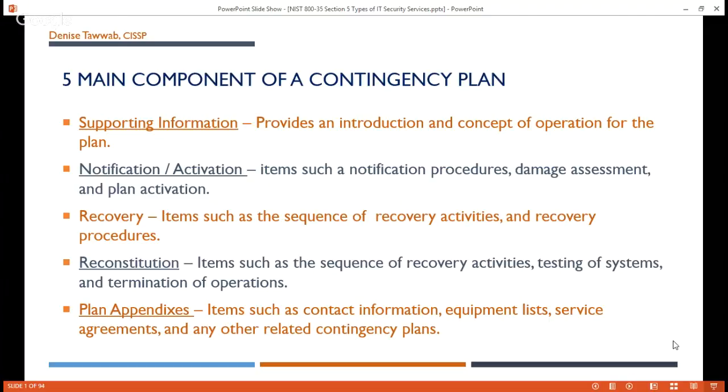Items such as the sequence of recovery activities and recovery procedures. Then there's reconstitution. The items in that section of your plan are the sequence of recovering activities, testing of systems, and termination of operations. And then you have your plan appendices. And these items include contact information, equipment list, service agreements, and any other related contingency plans.